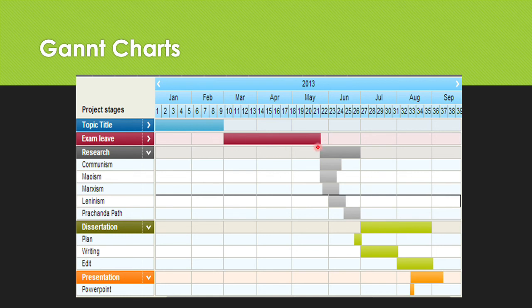They've taken into consideration some exam leave, which at Woodlands we won't have. So they've even built in when their exams are happening, when they're going to do their research, what their research is going to look like, when they're going to start writing their dissertation after they've planned it as a result of doing this reading, and so on. Hopefully this makes sense in light of your project.